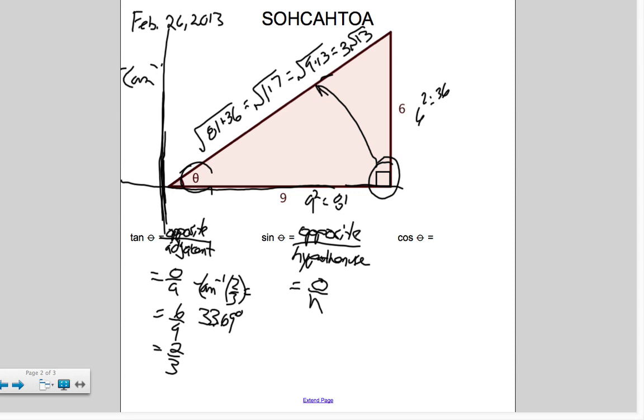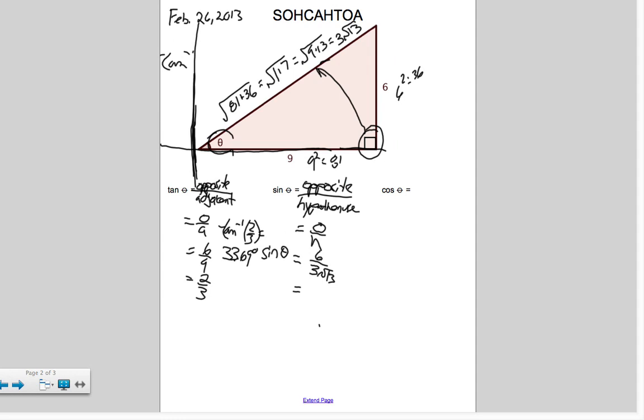In this case, what's sine of theta? 6 over 3 root 13. So that's equal to, after reducing, dividing both top and bottom by 3, 2 over root 13. So sine of theta is 2 over root 13.